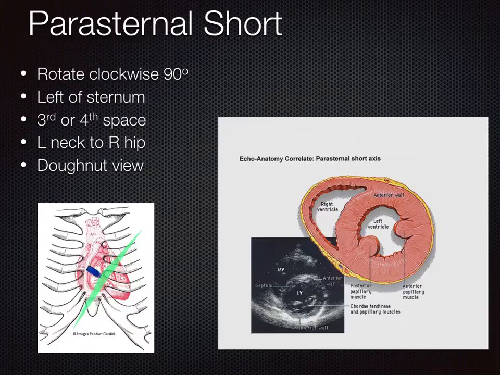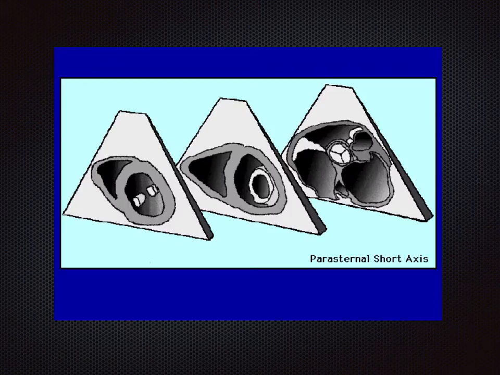Now remember, the papillary muscles via the chorda tendineae attach to the mitral valve leaflets. And if you can consider a croissant on top of the donut to the left and at the top, that's the right ventricle. So it has that appearance of a croissant, whereas the left ventricle looks like a donut on this view.